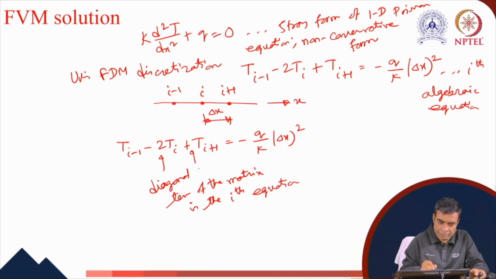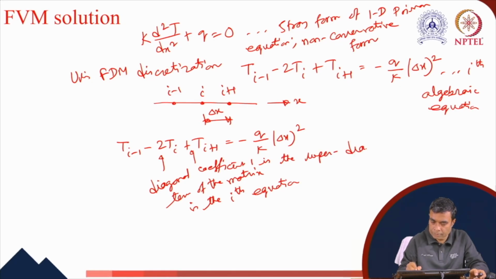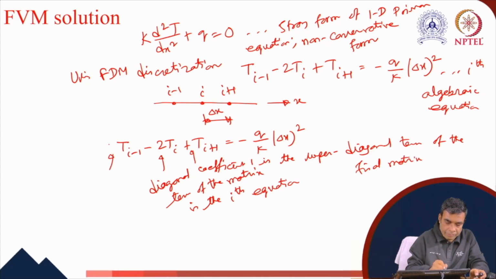Okay, so here the coefficients are both 1. So this coefficient 1 is the super diagonal term of the final matrix. Similarly, here the coefficient 1 is the subdiagonal term in the final matrix equation system.